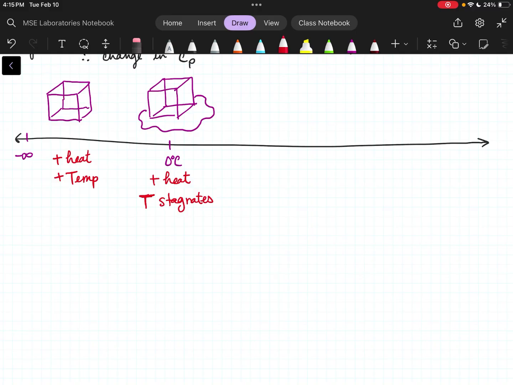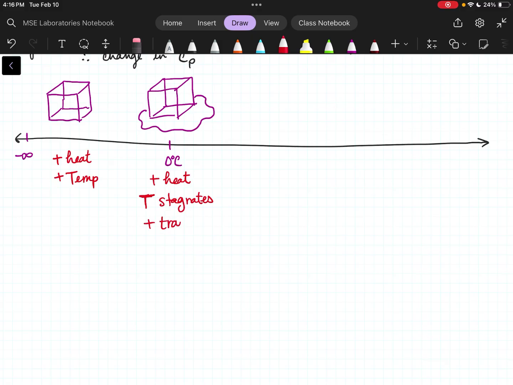If the temperature stagnates, energy can't be destroyed. I can't just make all that energy disappear. I'm shooting it right at the ice cube. The temperature's not changing. So what is the heat doing? Where is that energy going? Going to the phase change. Going into the phase change, yes.